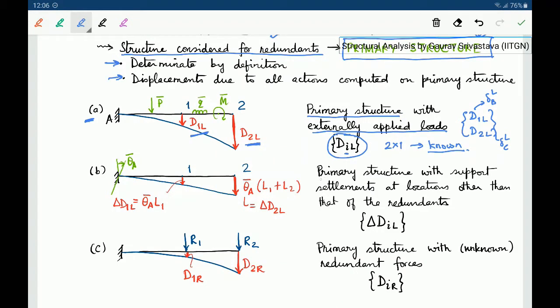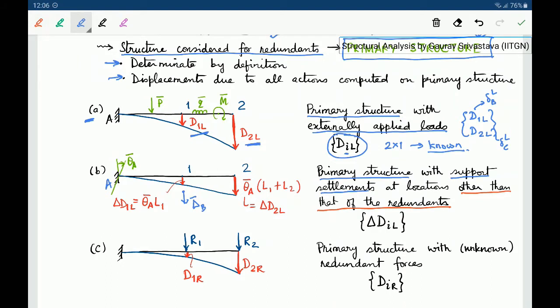Next, we consider the primary structure again, but with the support settlements or support rotations at locations other than that of the redundants. If you recall, in the main structure there were two support settlements. One was at point A, theta A bar, and one was at point B, delta B bar.